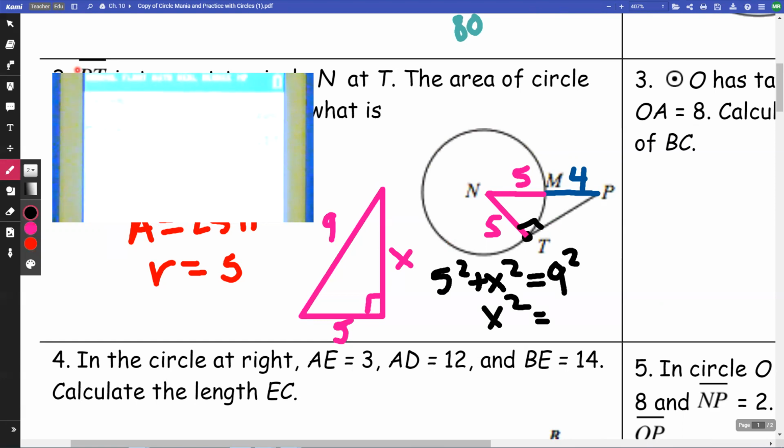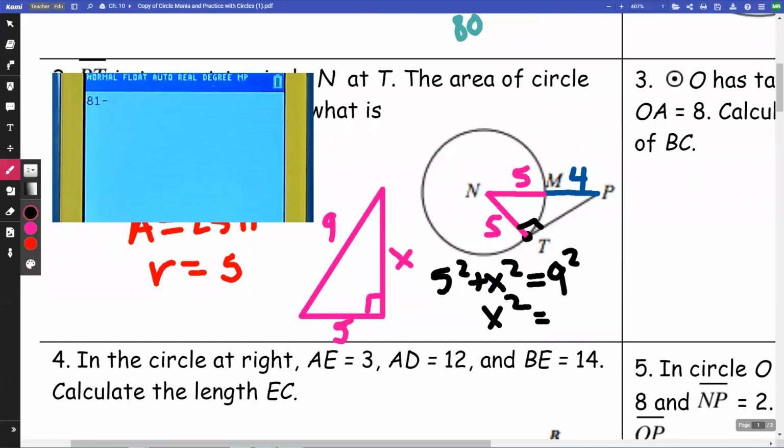So I'm going to take 81 minus 25. And I'm going to get 56. So then my answer is going to be the square root of 56, or about 7.48.